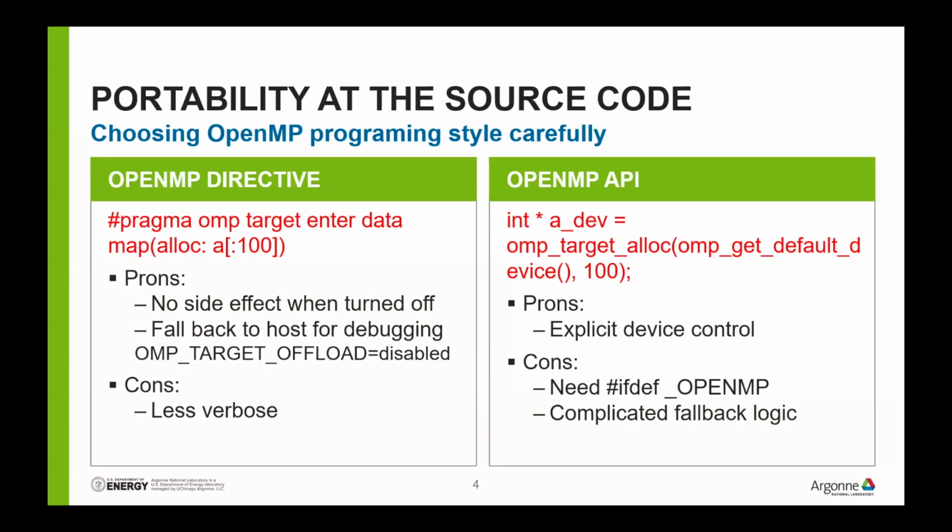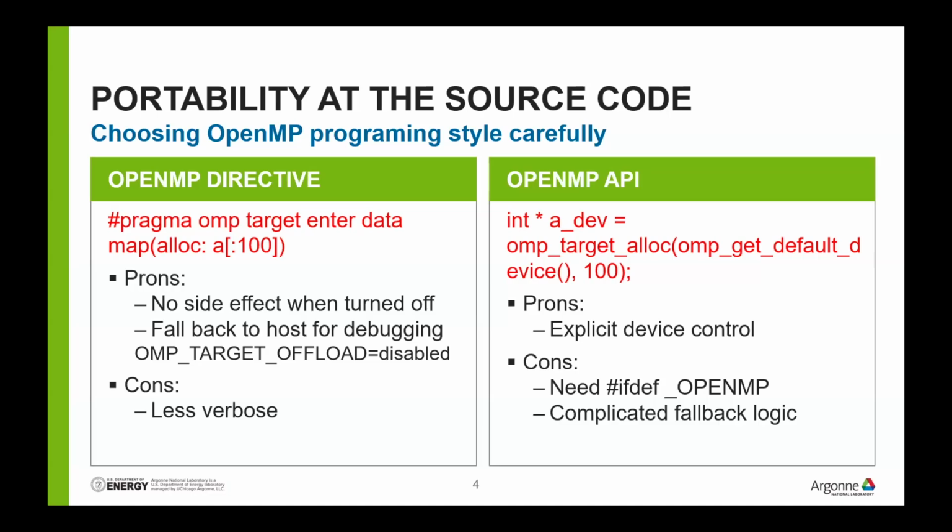In the directive way, when you're not compiling for OpenMP, it has zero impact. The directive line gets ignored. In addition, when you are using OpenMP, you can easily use the offload target disable option to fall back on the host for debugging.